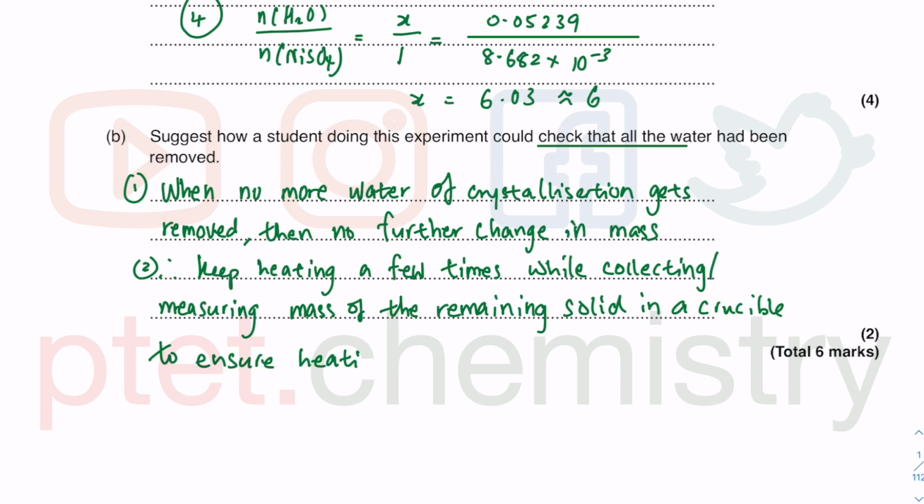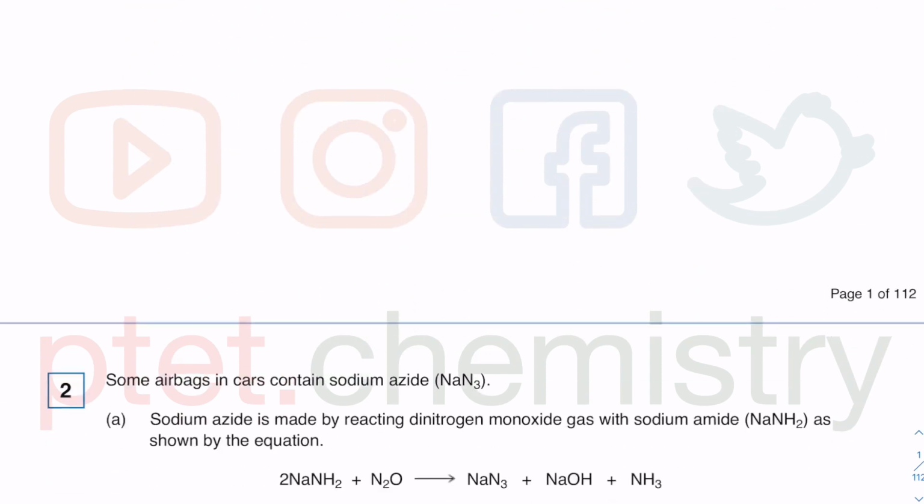The idea is heating to constant mass, such that the mass is no longer changing and therefore no more water of crystallization gets given off. That's it for the 6 marks overall first question.